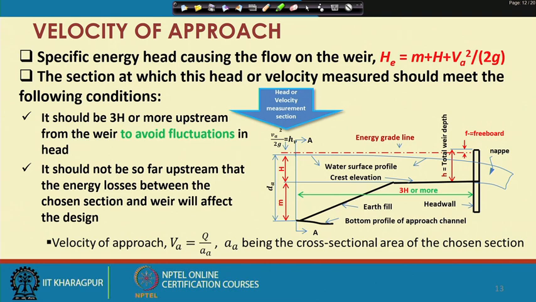For estimating the velocity of approach, the specific energy head causing the flow on the weir is given by, you will see this figure, H is equal to small m plus capital H plus HV, that is V square divided by 2g. Here capital H is the depth of flow on the crest and small m is the elevation difference between the bottom profile of the approach channel and the crest elevation.